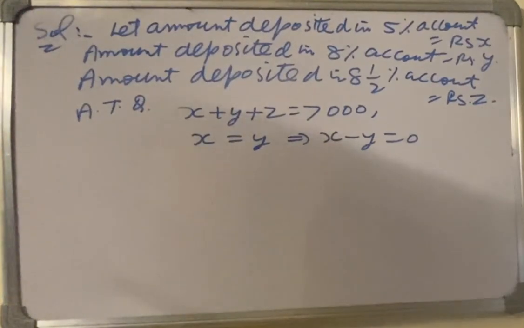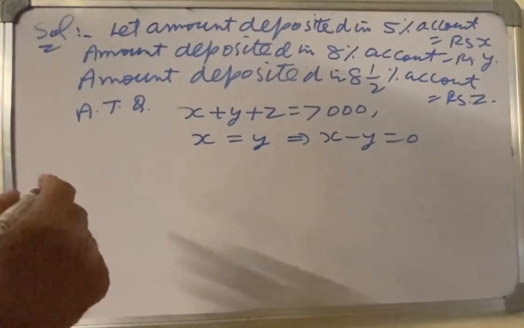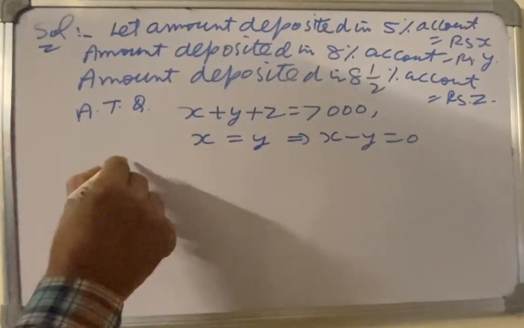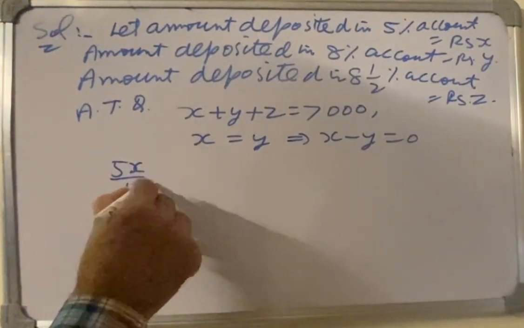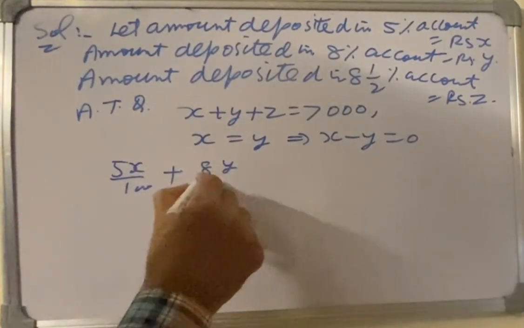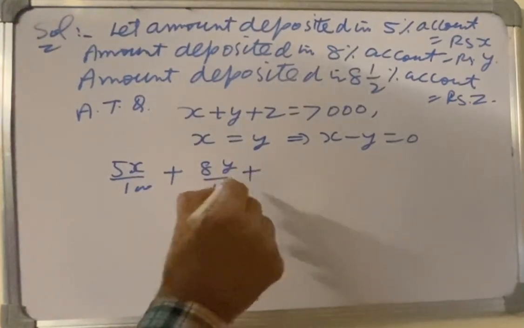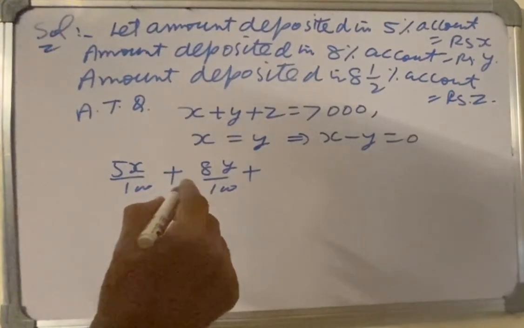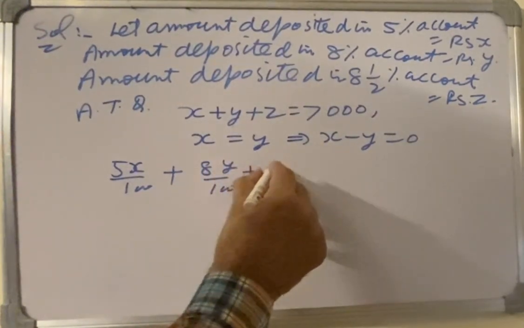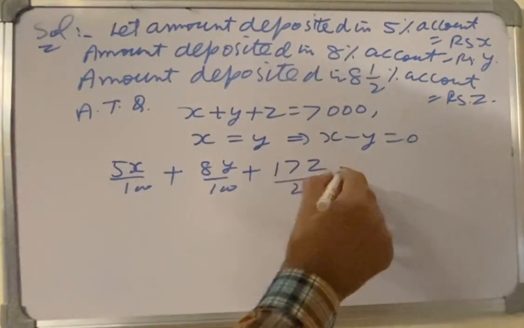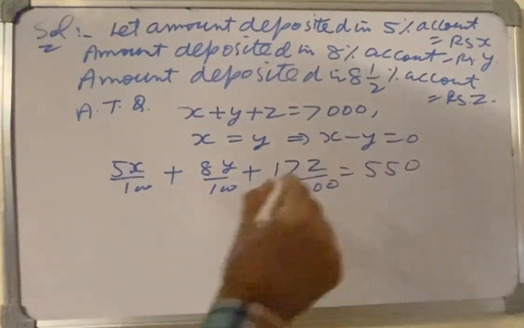And the total interest is 550. That is, 5% of X plus 8% of Y plus 8.5% of Z, which means 17Z over 200, is equal to 550.